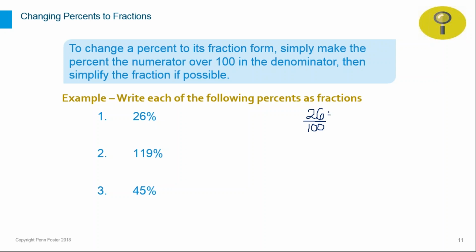Eliminate the 2 by dividing over 2 and dividing over 2. 26 over 2 is 13, and 100 over 2 is 50. Look at the bottom and the top, nothing common. 13 is a prime number. 50 has lots of factors, but none of the factors are common between 13 and 50. Then 13 over 50 is the fraction form for 26%.